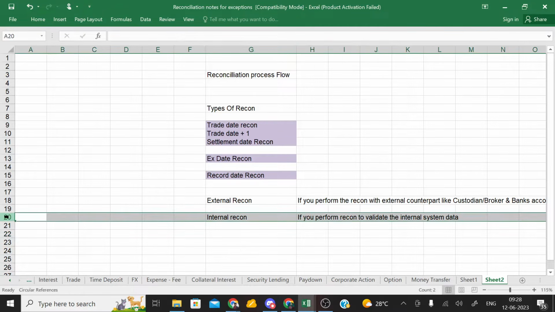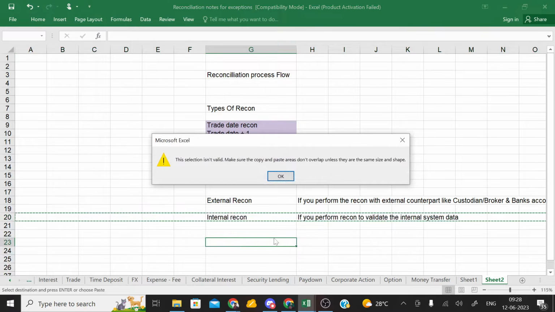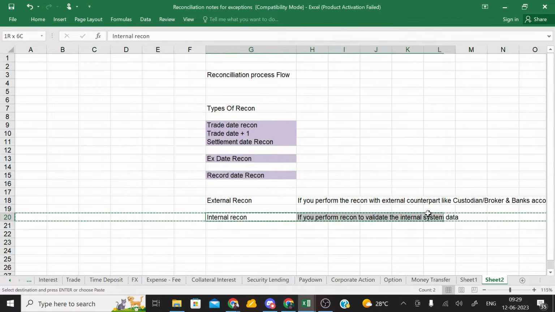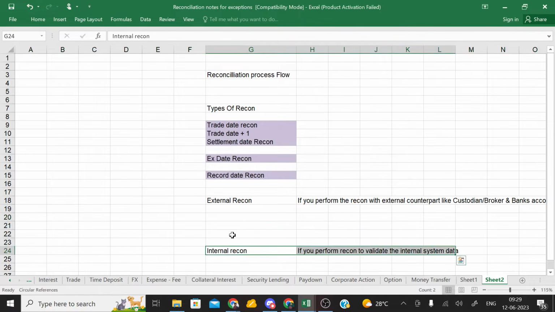In internal reconciliations, you would see sub processes or sub recon types.